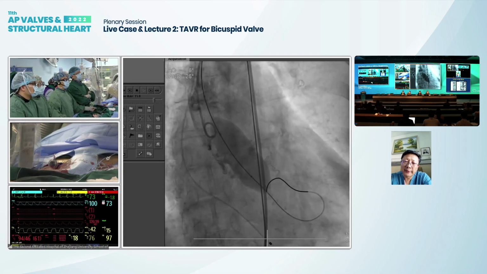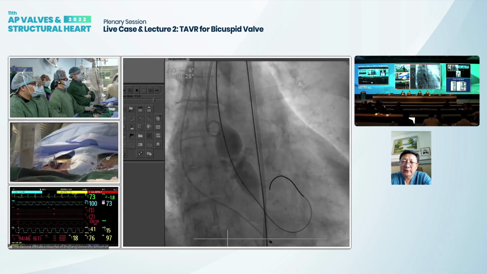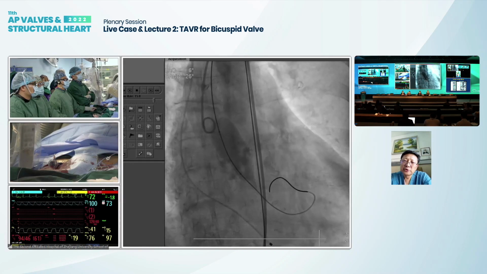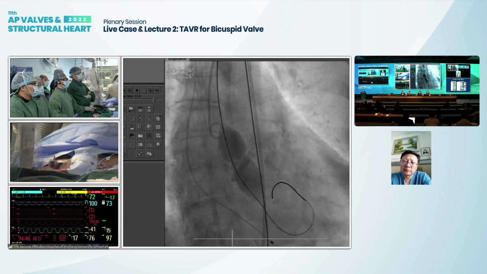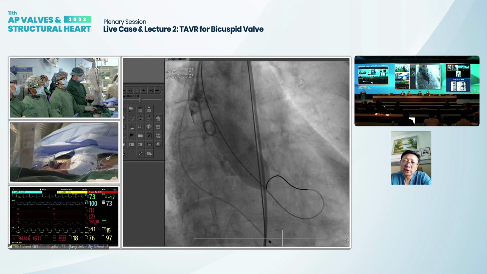Another problem is the calcification extends to the RVOT. If you use 29, maybe the valve should be deeper to cover all the calcified tissue.